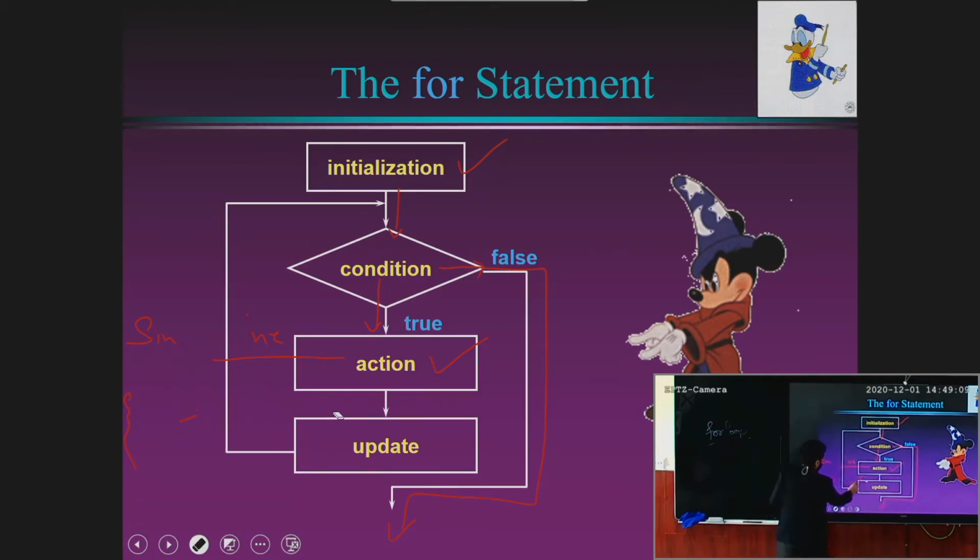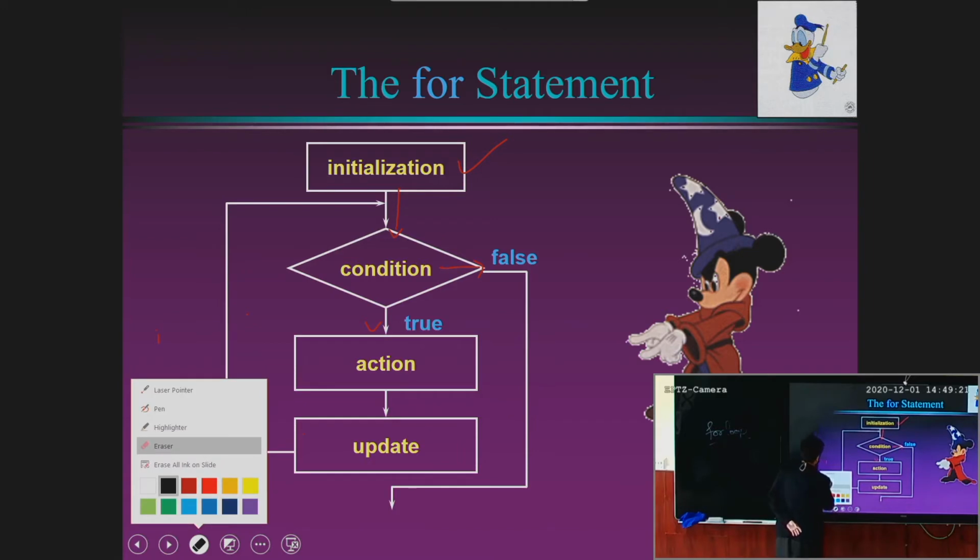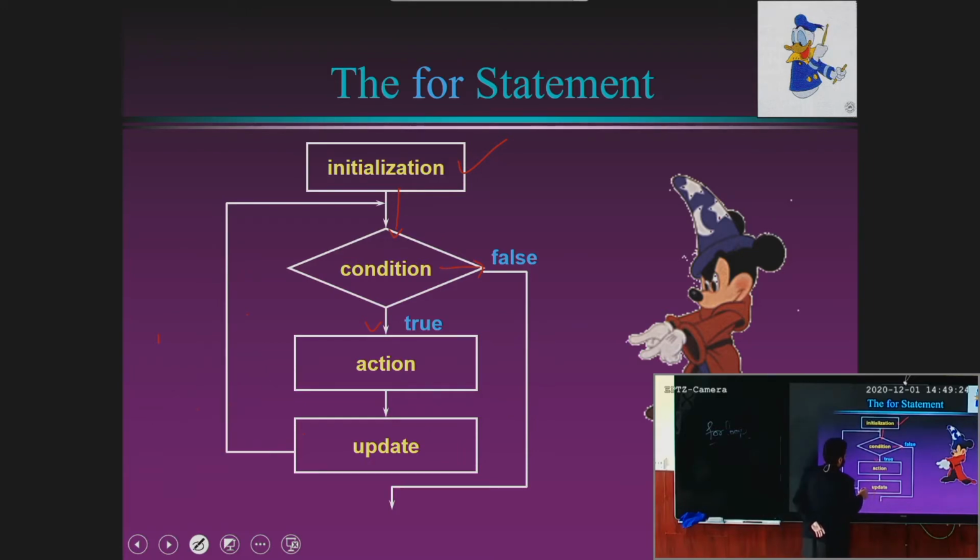Let's see, guys, how the update occurs. Whenever the action in the body is executed, the update occurs through the increment or decrement operator, or we can say the counter operator, which is updated accordingly, and the condition is checked again. In the first iteration, the body was executed because the condition became true. In the second iteration, the execution comes again and checks the condition.